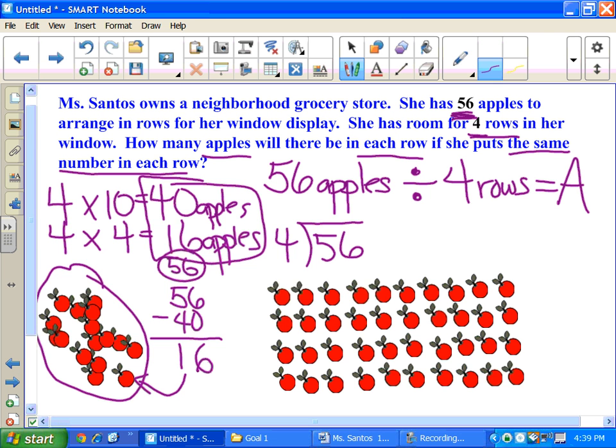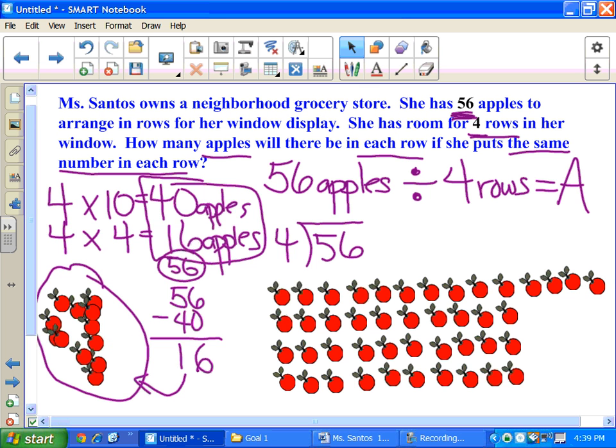So I should place 4 more in each row, and let's see if this works out. 1, 2, 3, 4. 1, 2, 3, and 4.